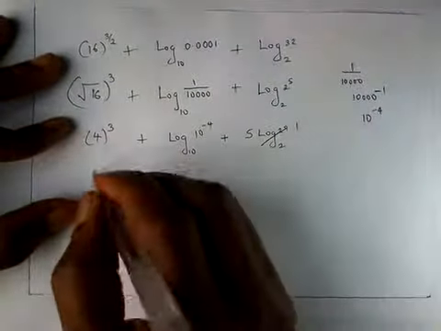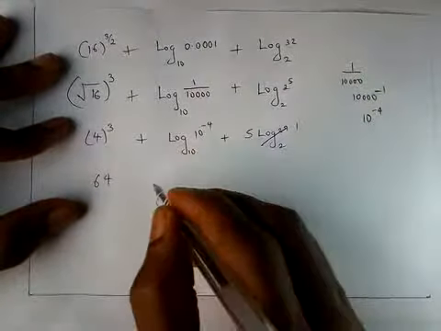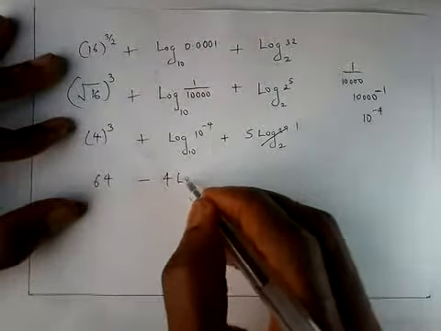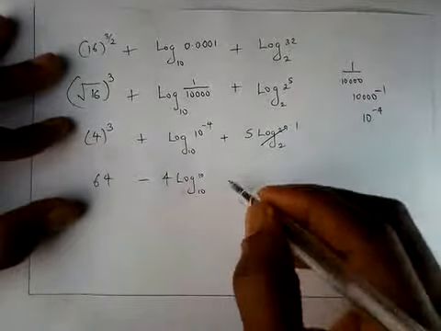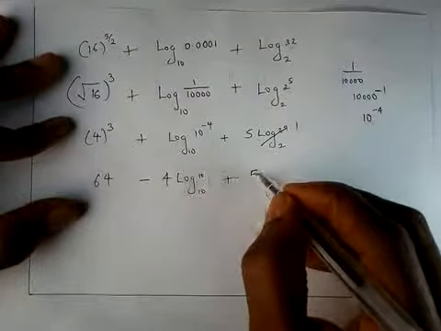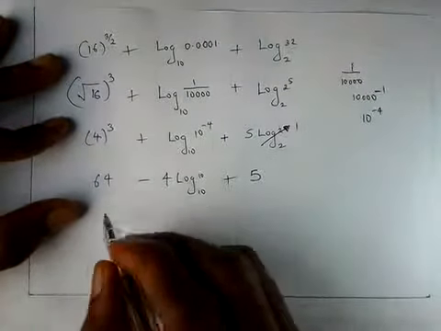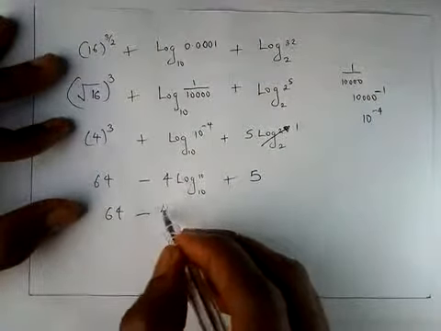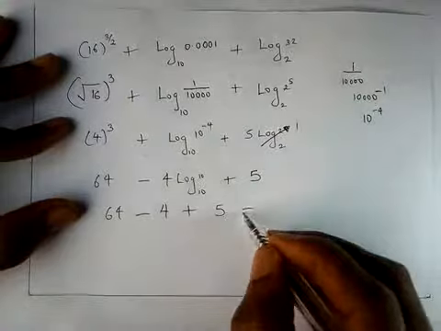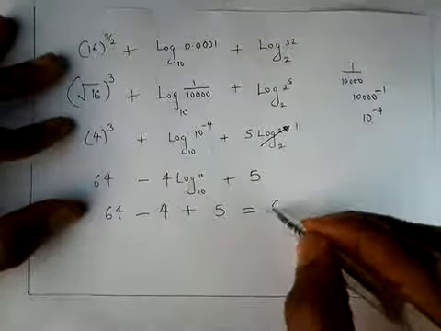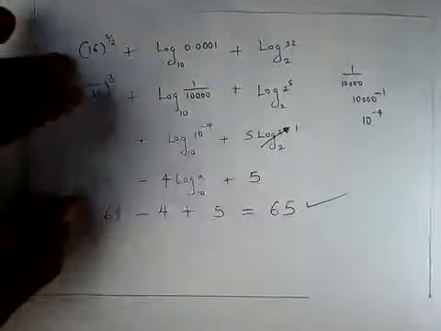Log 2 to base 2 is 1, so that gives us 64. This comes down to minus 4 log 10 to base 10, which is 1, plus 5. So this is 64 minus 4 plus 5, and that gives us 65. That's how we roll.